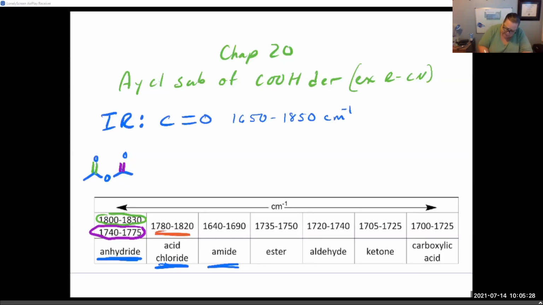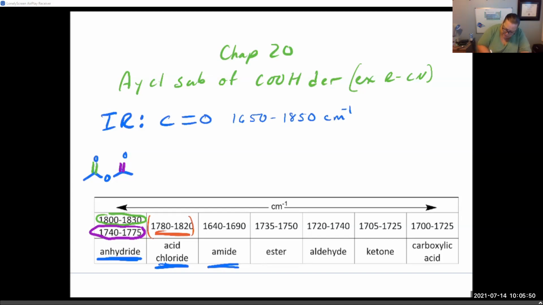Acid chlorides are a little higher. They probably have the highest wave number out of all the carbonyl functional groups. We're going to talk about that, but it has to do with resonance and resonance contributors. Amides are some of the smaller because of, guess what? Resonance and resonance contributors.